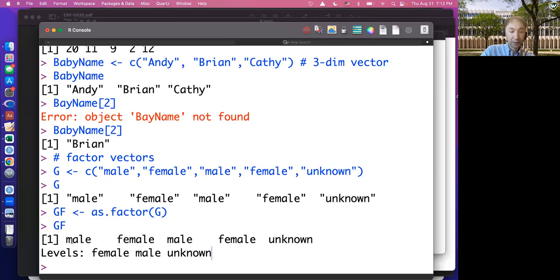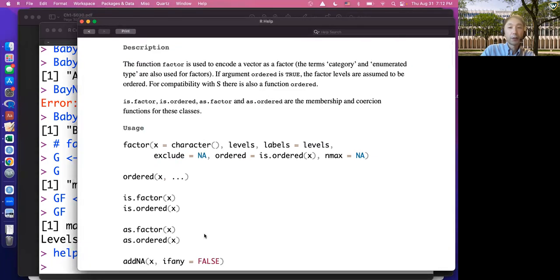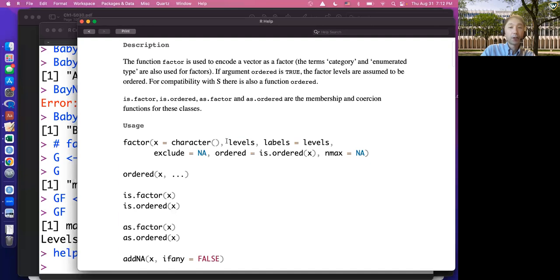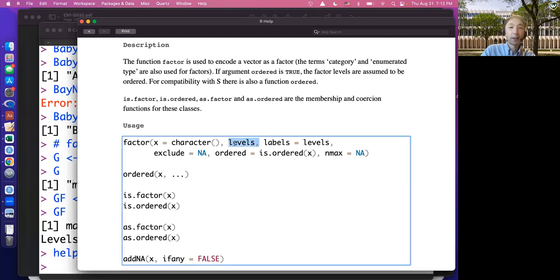On screen, the difference is that at first we don't have any quotation symbols here. Also R returns that this vector has 3 levels: female, male and unknown. Actually this is the alphabetical order. If you want to change the order, you can specify the levels option.